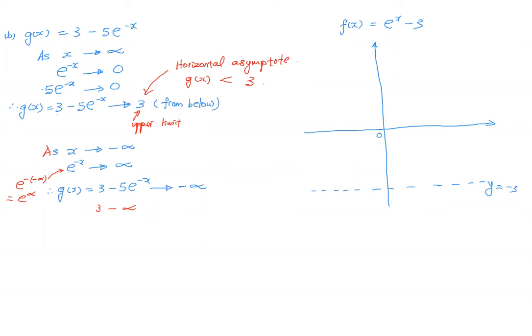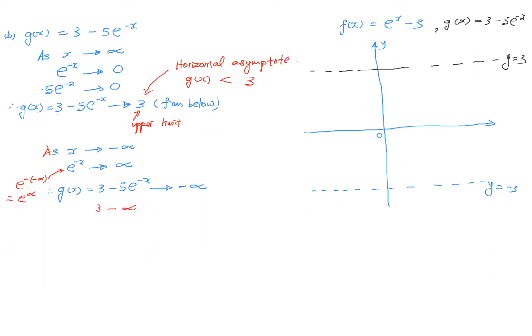My f(x) will be above here. Then for my g(x), I use black. Okay, so it will be here, y equal to 3. So it will be below the black line. So f(x) will be above the blue dotted line.